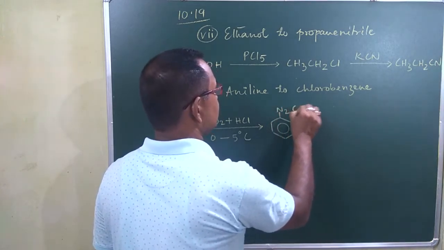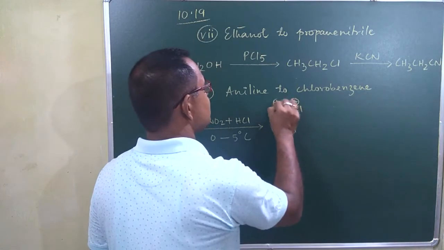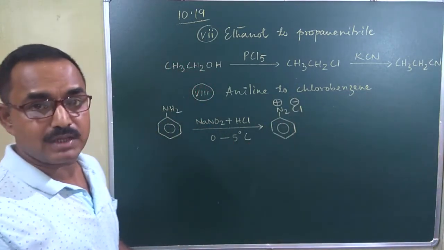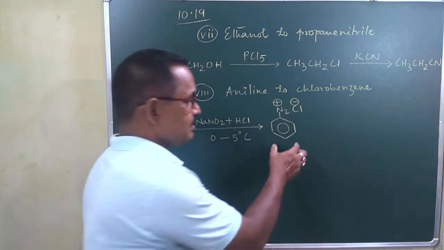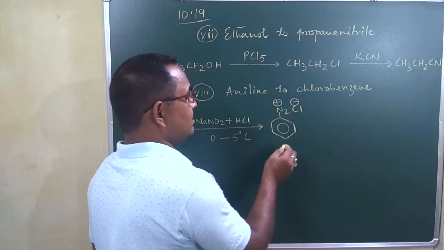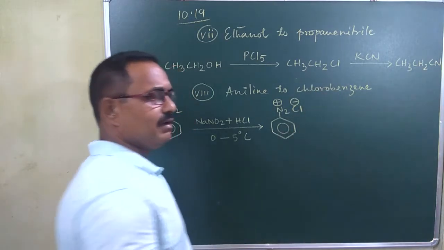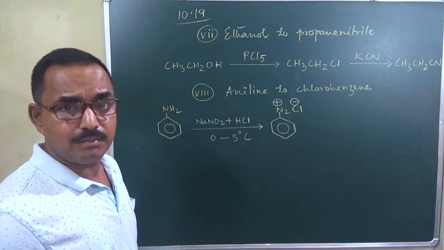You will get benzene diazonium chloride. This process is called diazotization. So this is benzene diazonium chloride. Starting from this, we can produce chlorobenzene either by Sandmeyer reaction or by Gattermann reaction.